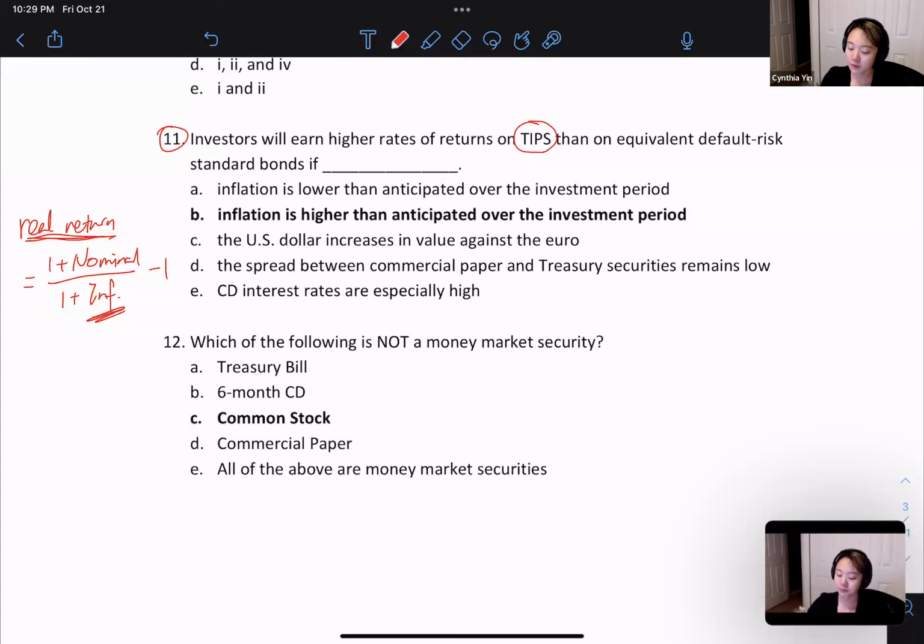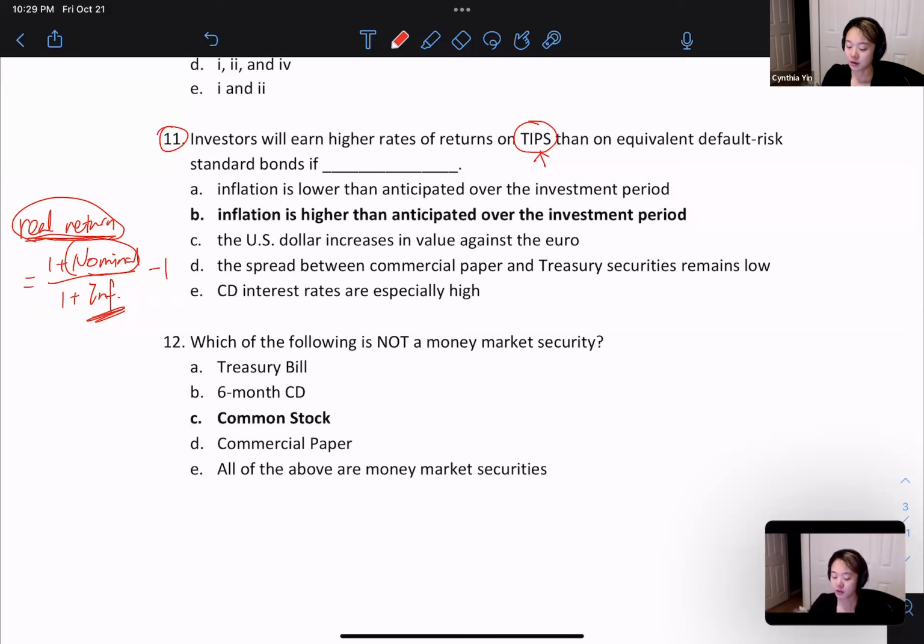So these TIPS will adjust the nominal return according to the inflation. So when inflation is high, these TIPS will give you a higher nominal return so that you can guarantee some level of real return, which is very nice, right?